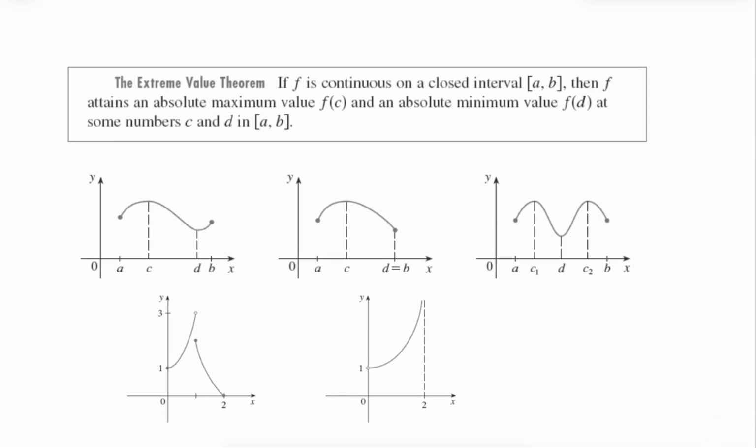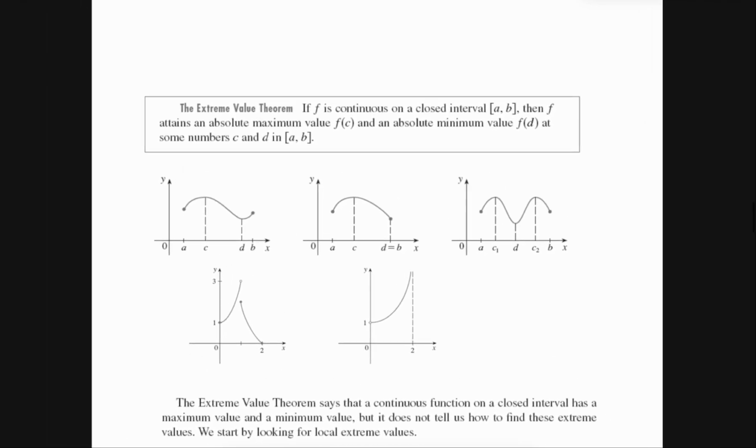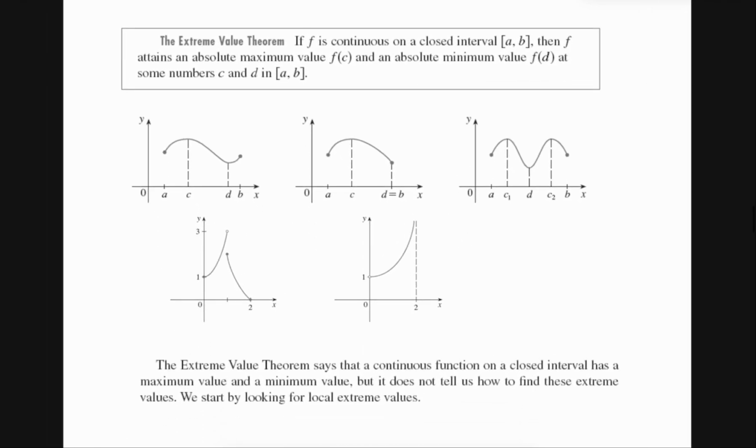It says if f is continuous on a closed interval from a to b, and f attains an absolute maximum or an absolute minimum at some numbers, then those numbers are categorized as extreme values.